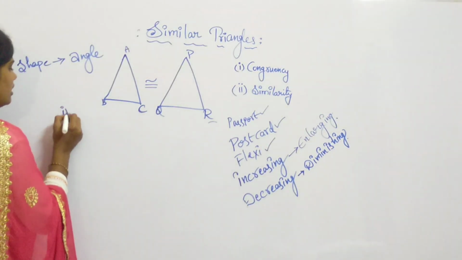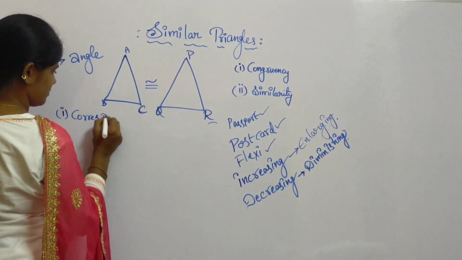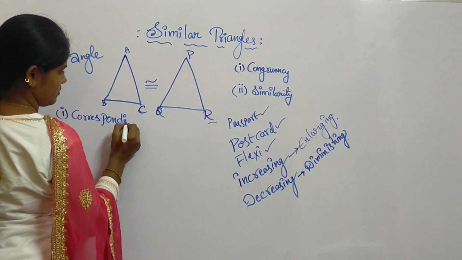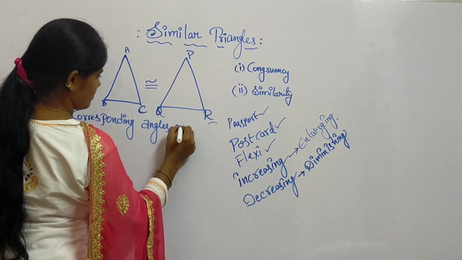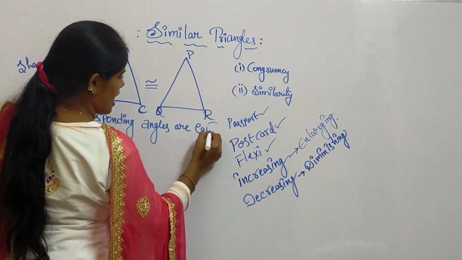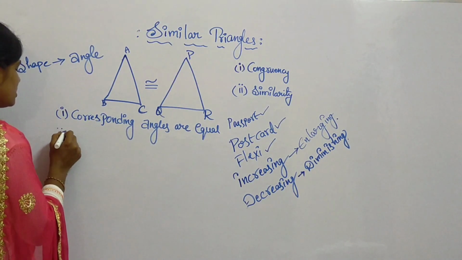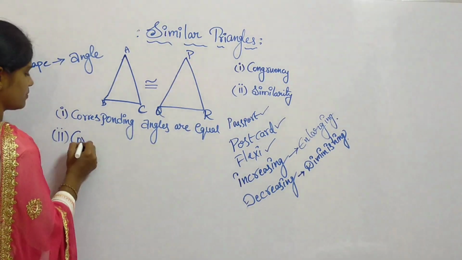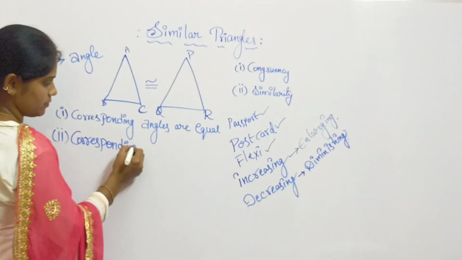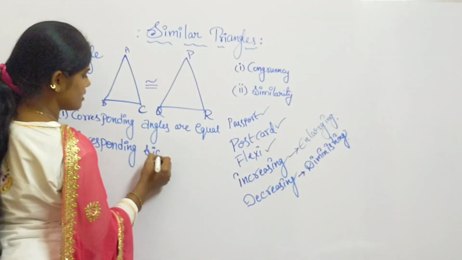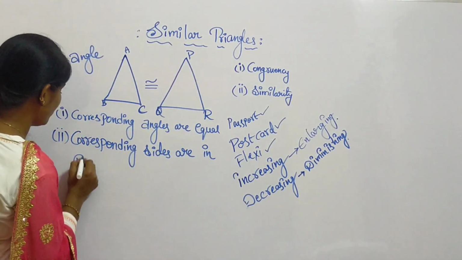The first one is corresponding angles are equal, and the second condition is that corresponding sides are in proportion.